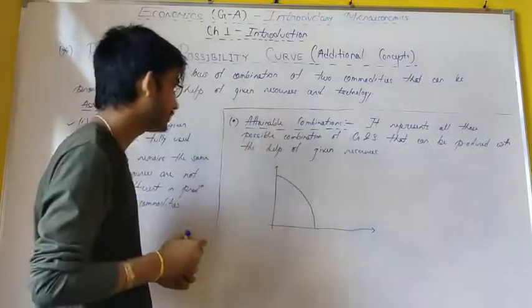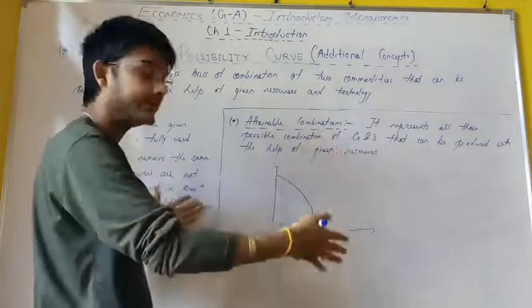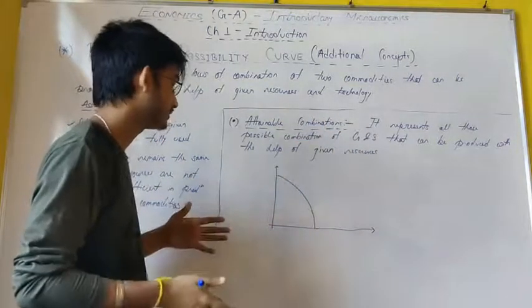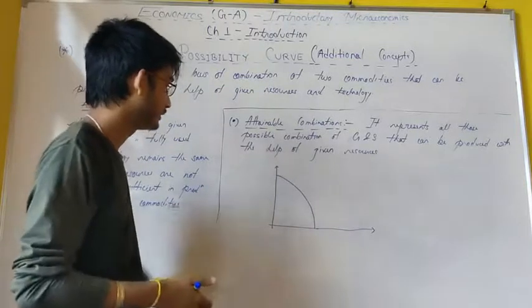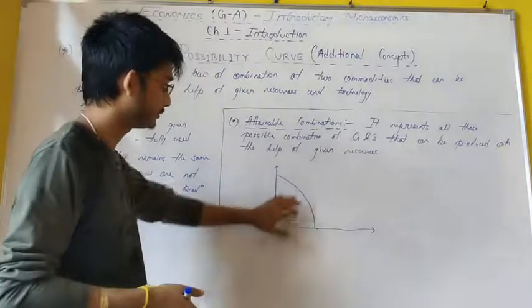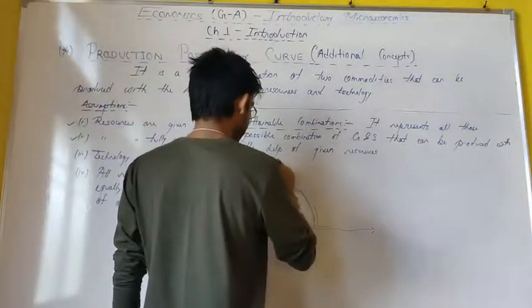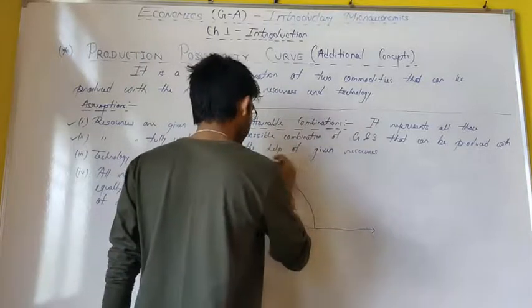Here, for drawing the PPC, you do not need to fill up a big table and then make the diagram. We just simply draw a concave diagram, which is our PPC.